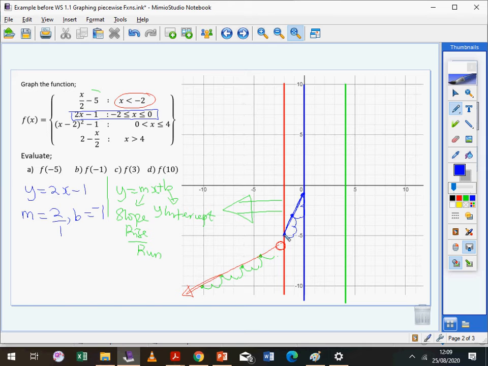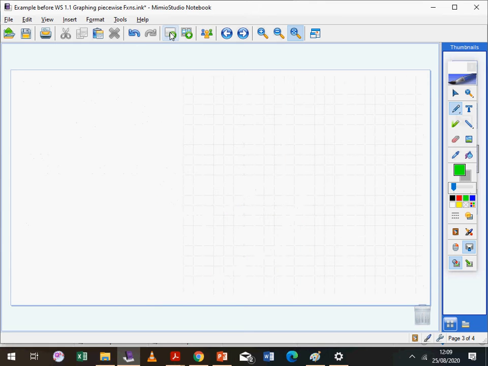The next one is this quadratic expression, which I will do in green. I can graph it two ways. I hope you remember, just a little bit of review, that if you have y equals x squared, this graph goes through the origin.